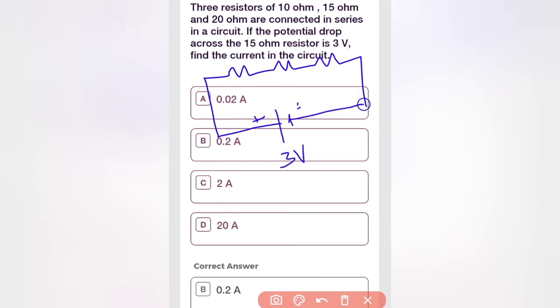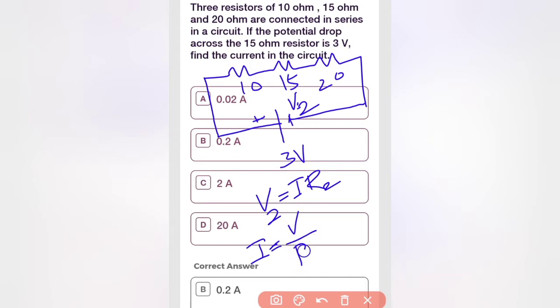We need to find the potential difference across 15 ohm, that means V2. V2 formula is I into R2. So how to find I? I is equal to V by R.